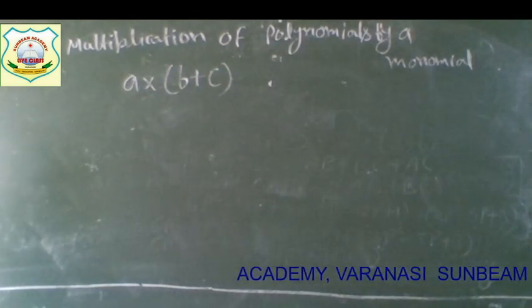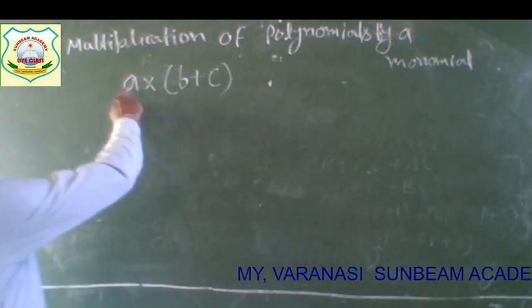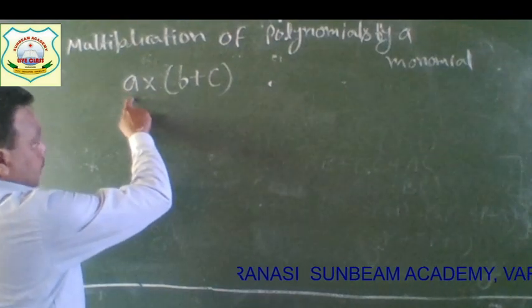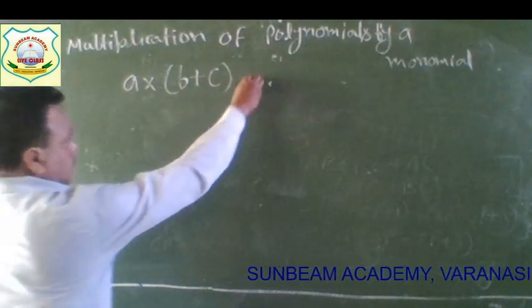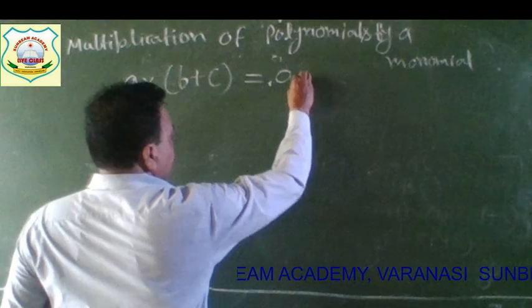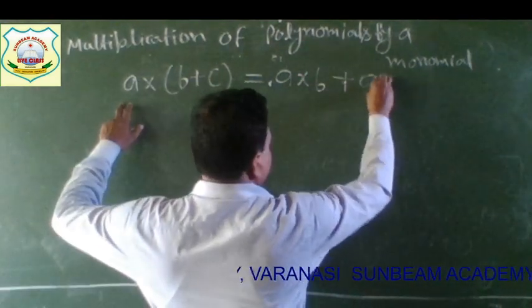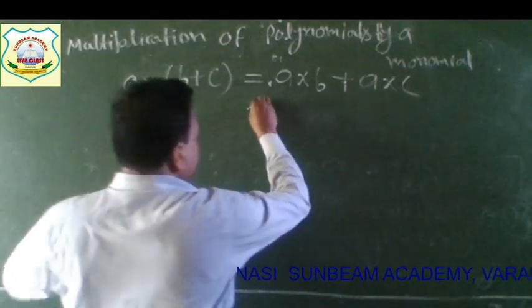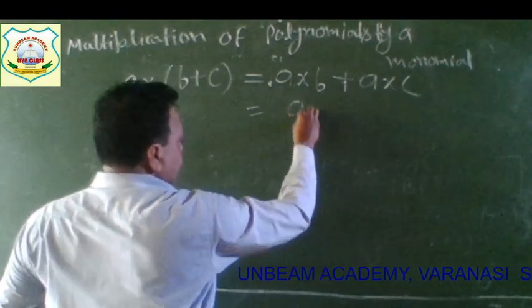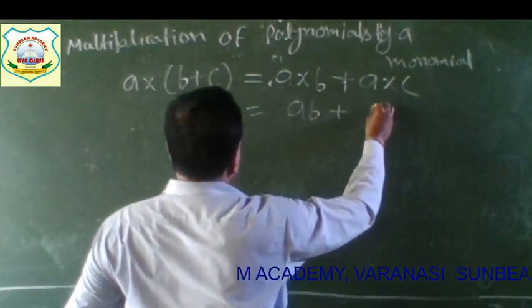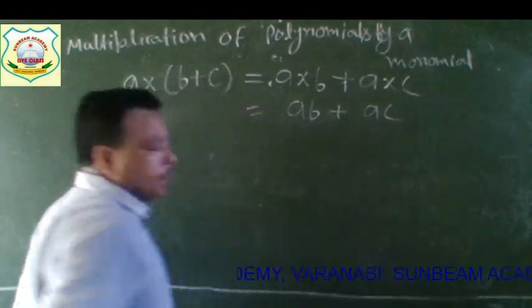Regarding the distributive law over addition, we will multiply by a both values, means a multiply b plus a multiply c. So what answer will we get? a into b, that is ab, plus a into c, that is ac. This way we have to do.